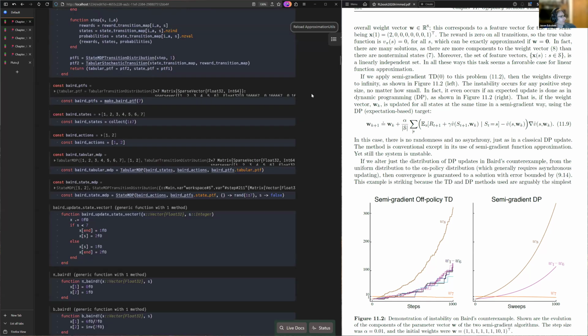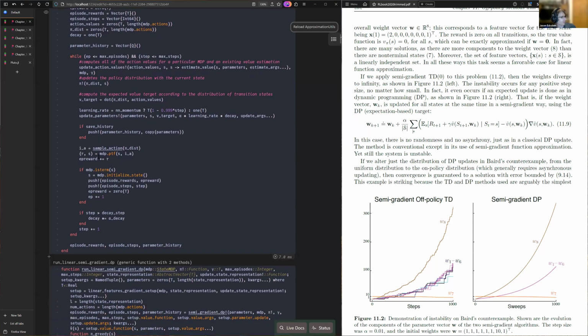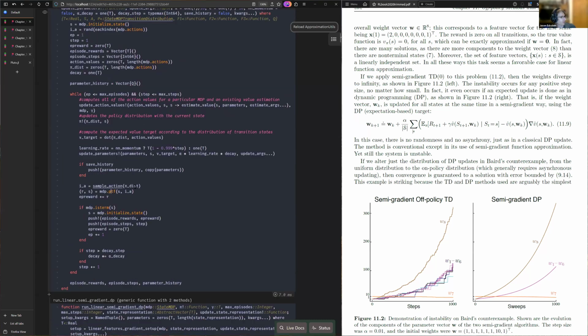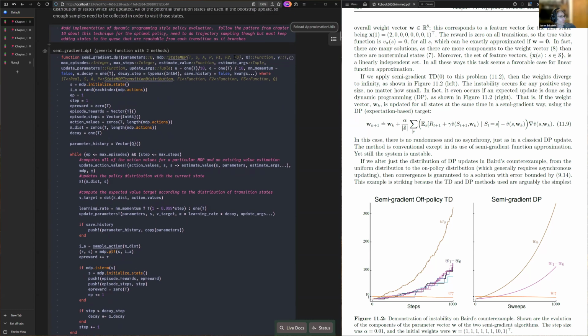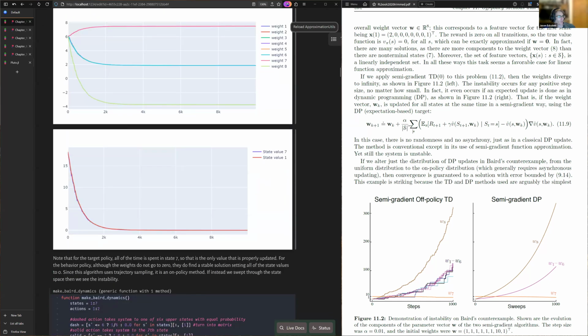Instead of taking steps using the true policy, I'll just use the random policy. But again, even the random policy is not going to produce a distribution of states like this.